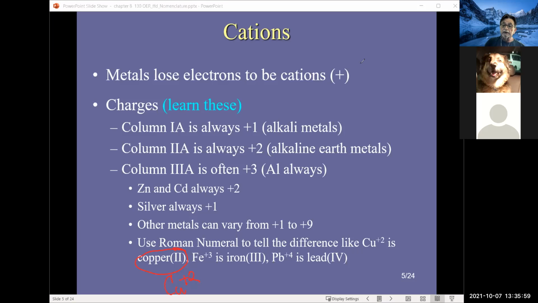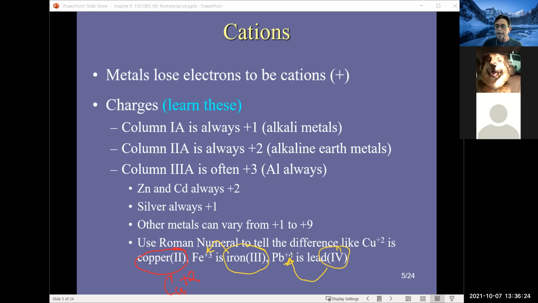Iron 3 is written as iron Roman numeral 3, which has to do with the +3 oxidation number of iron. And lead 4, notice the Roman numeral IV, represents the oxidation number of the lead that you're working with.